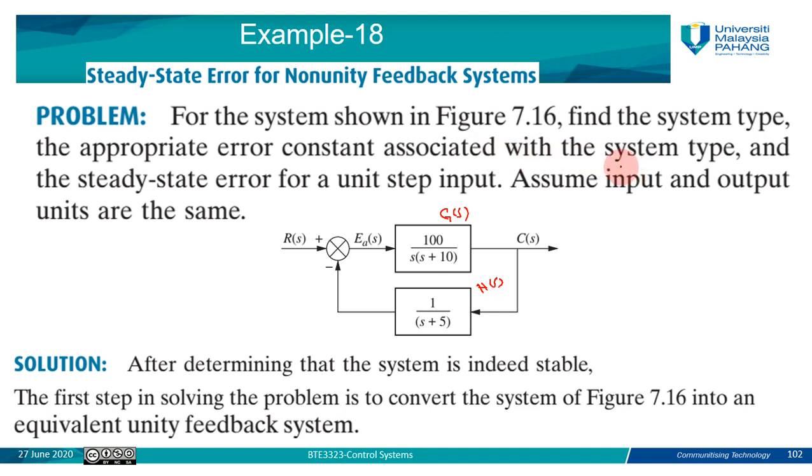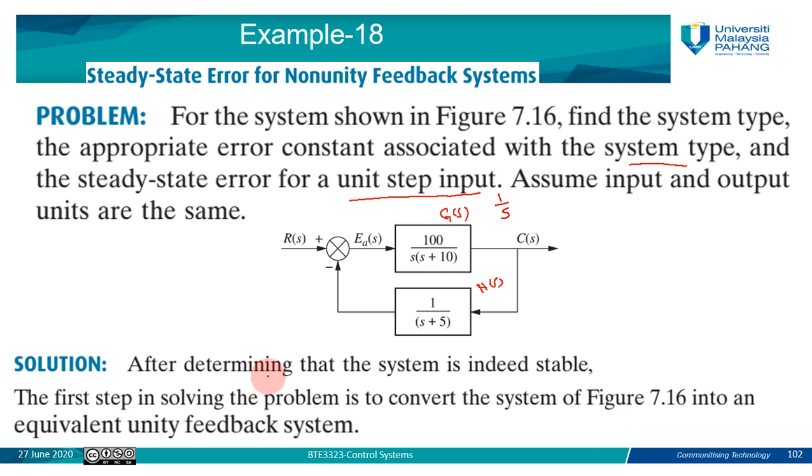That means we need to know which constant is suitable for that system type, Kp, Kv, or Ka, whether it is type 0, type 1, or type 2, and the steady state error for the unit step input. He said here unit step input, that means he already tells you the input of our system will be 1 over s. Assume input and output units are the same. Okay, so here the input will be 1 over s.